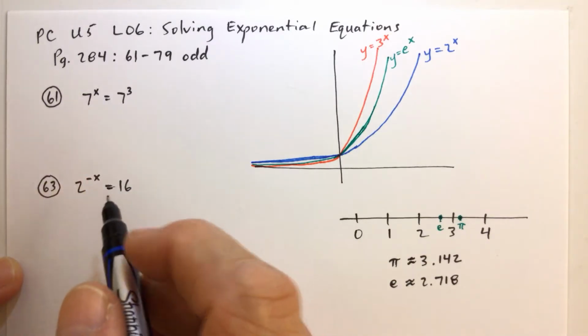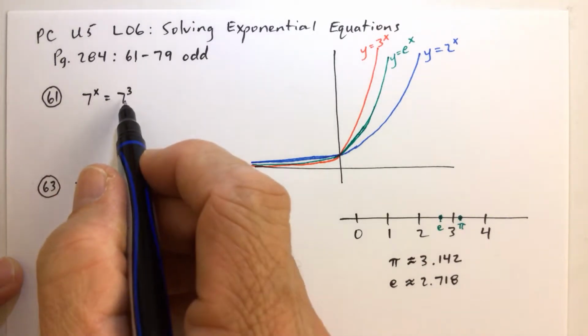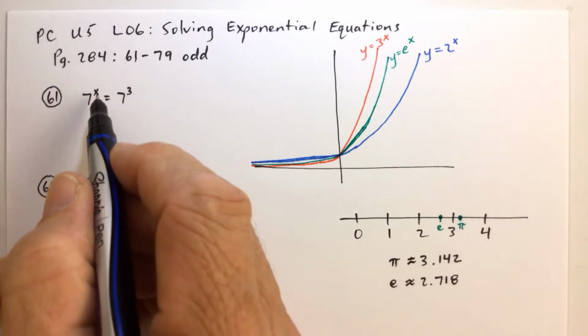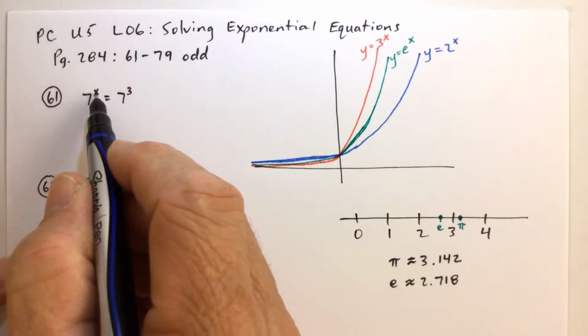So problem number 61. We need to recognize here that we have an exponential equation, because the variable is in the exponent.